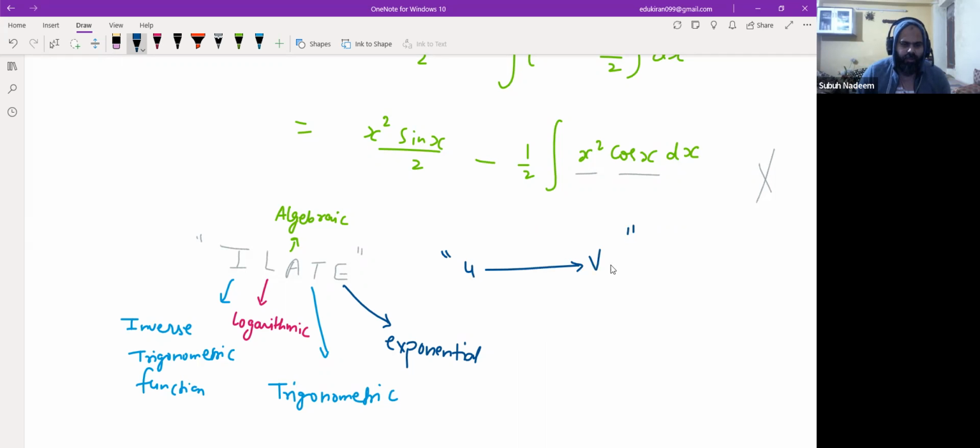For example, above we took x and sine x. If you observe, what is x? x is an algebraic function. And what is sine x? It is a trigonometric function. So in ILATE, which comes first, A or T? A comes first, which is algebraic. So you will take x as u and sine x as v.